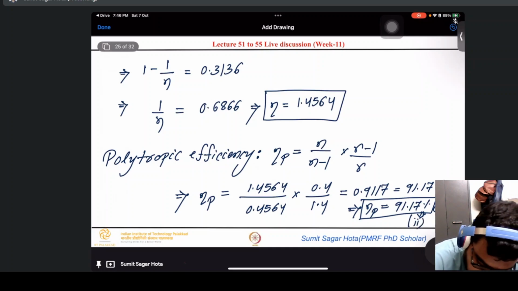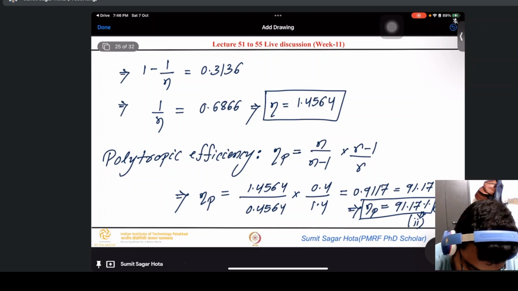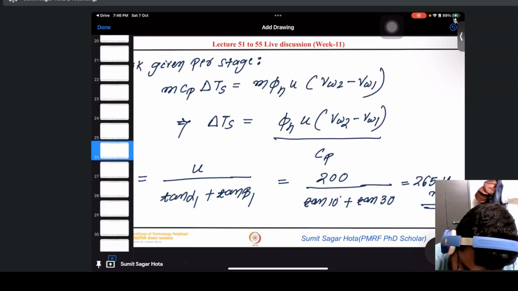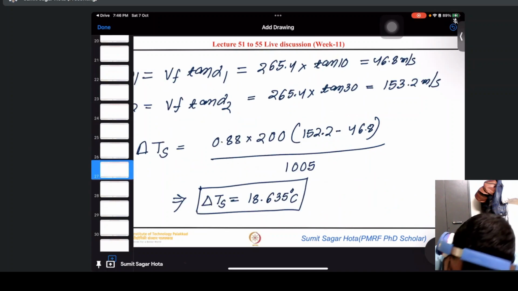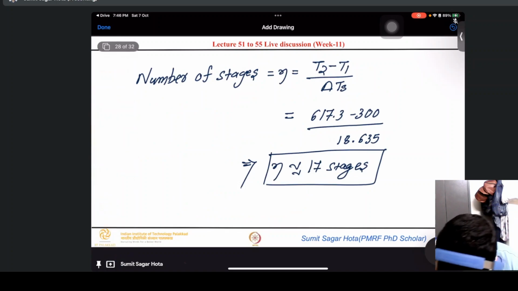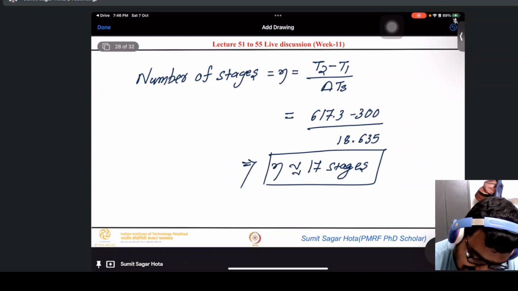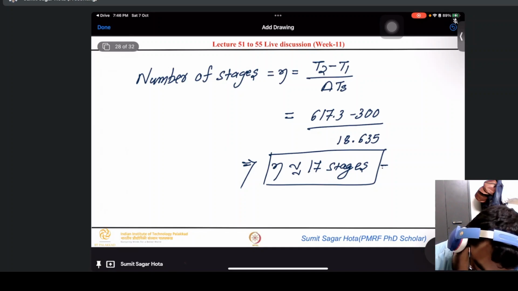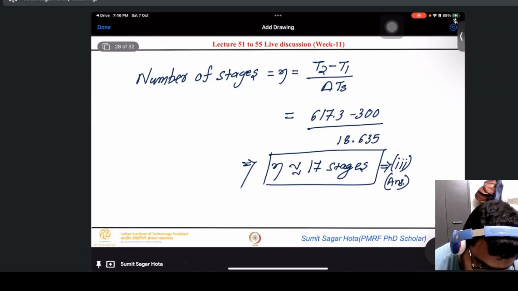Second bit answer. Okay, what is the number of stages? 17. This is also your answer. This is your third bit answer.